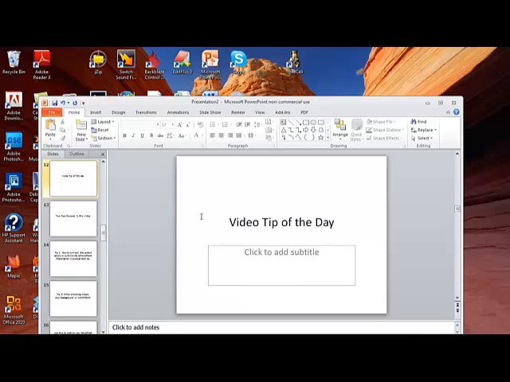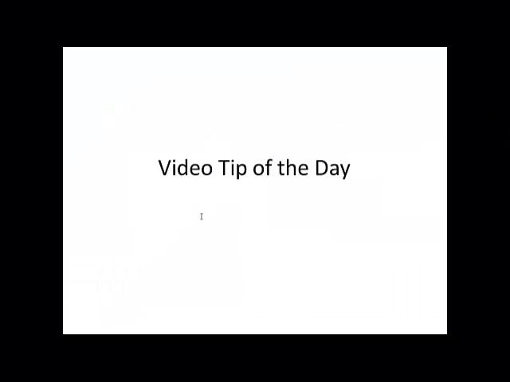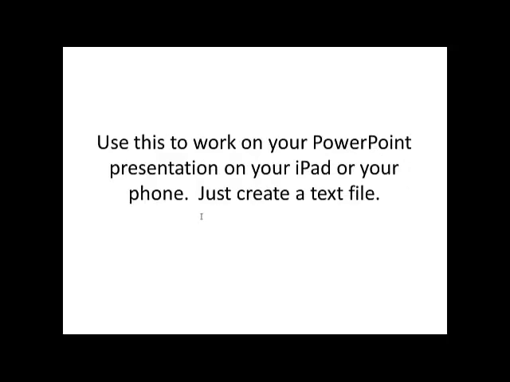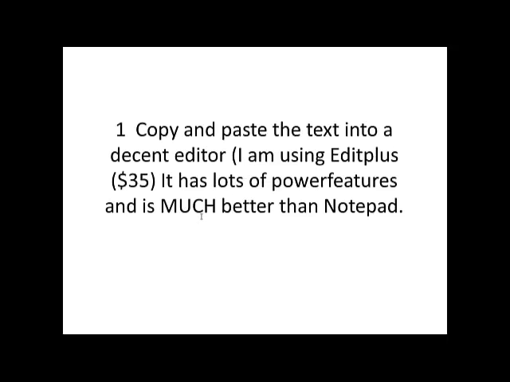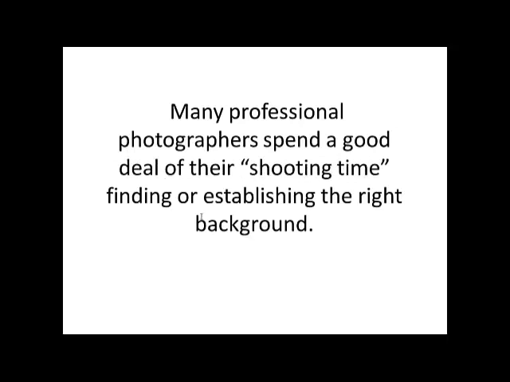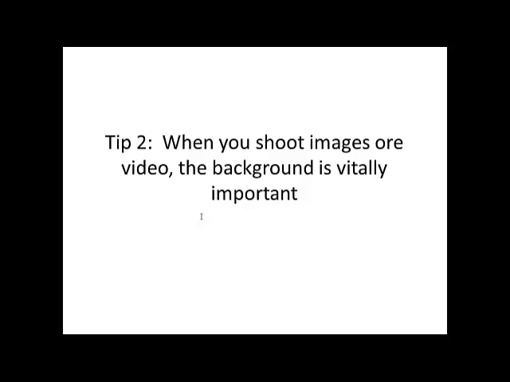So I will continue on from this point in the presentation. Same material we already covered, same steps. And you've now seen how to do this. So let's move on to the second tip.